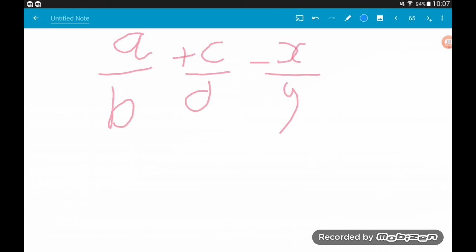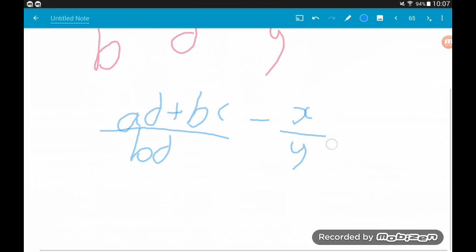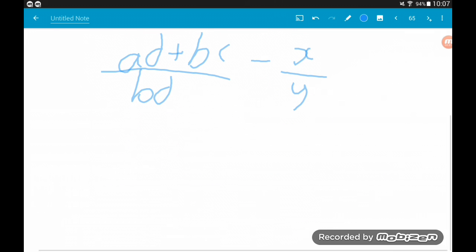We've just seen that is ad plus bc over bd. So we've got that minus x over y. Just take your time, go nice and slowly.